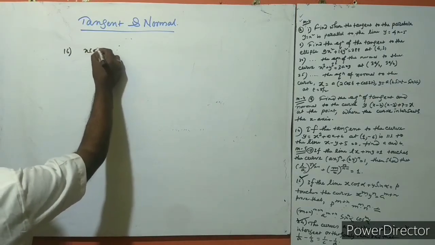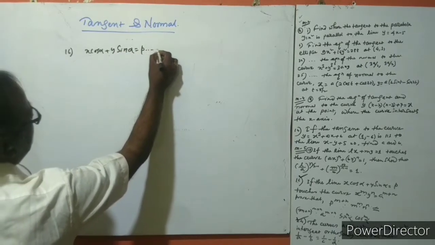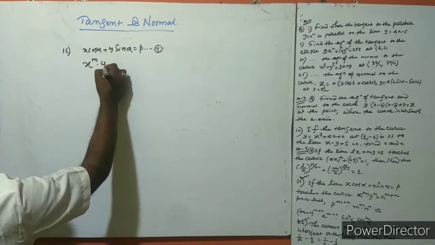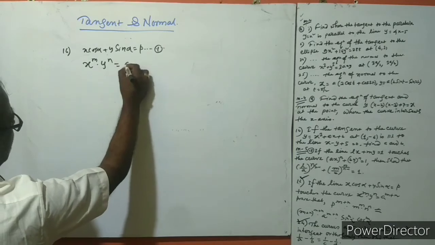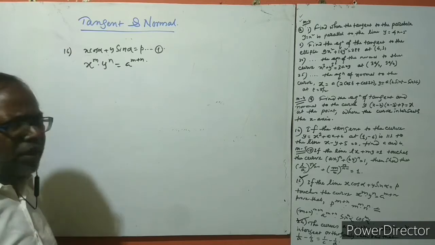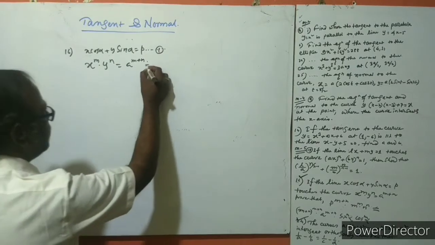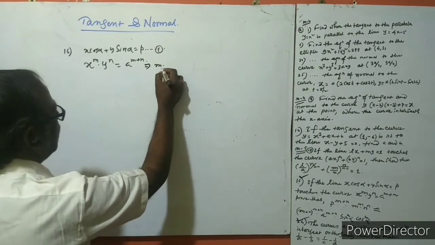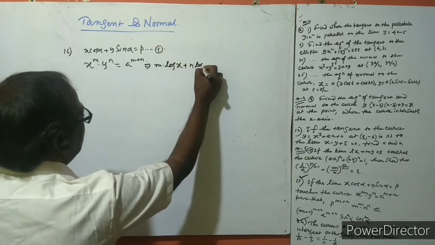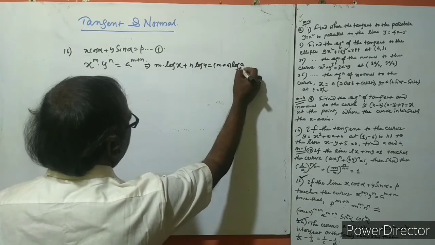Now x cos alpha plus y sin alpha is equal to p. This is equation 1. Now for the curve, that is x to the power m, y to the power n, equal to a to the power m plus n. For finding the derivative of this curve, we take a logarithm of this, then differentiation would be easy. So taking log on both sides, m into log x plus n into log y is equal to m plus n into log a, to the base e.